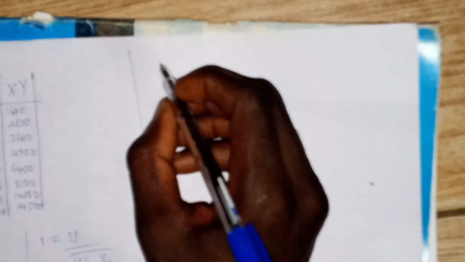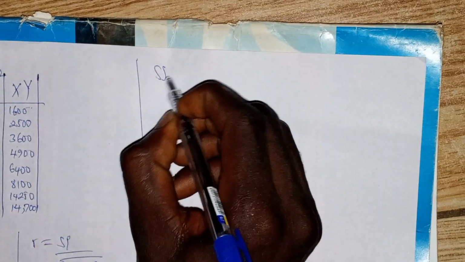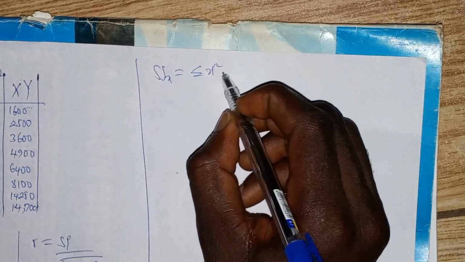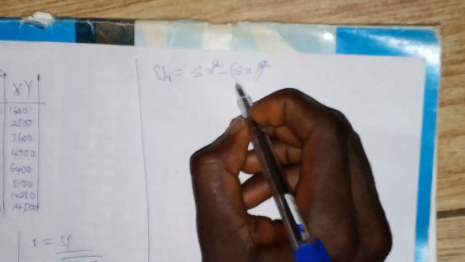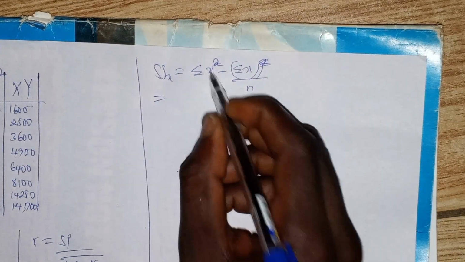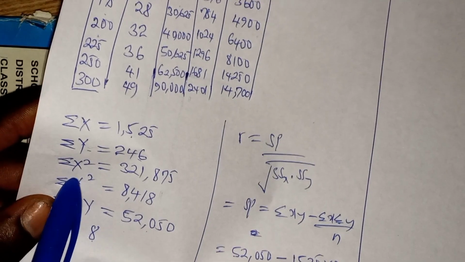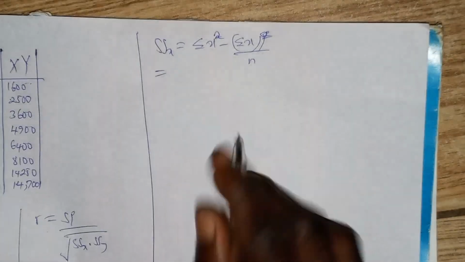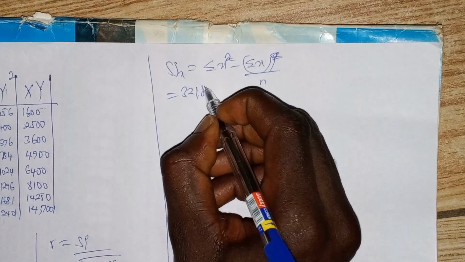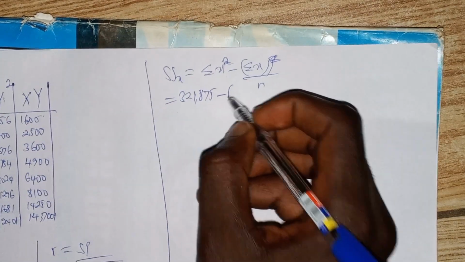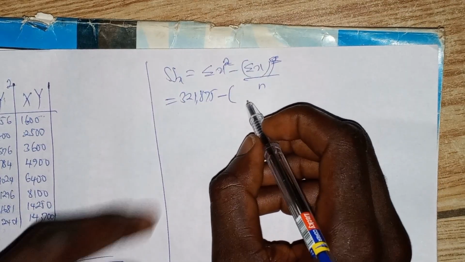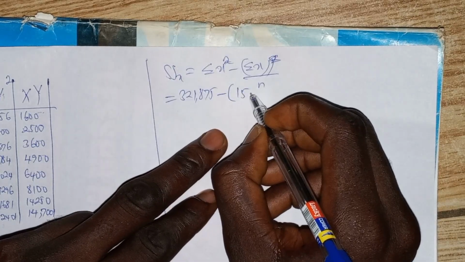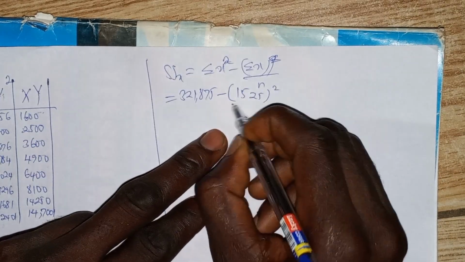Now SSX is equal to summation x squared minus summation x all squared, all over N. So summation x squared, let's cut it, 321,875 minus summation x, which is 1525, all squared all over 8.